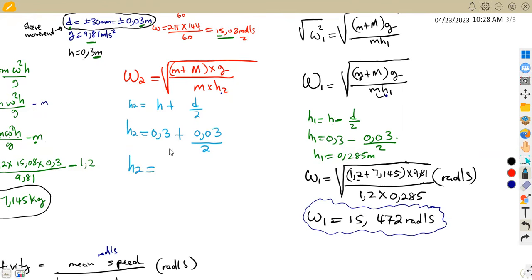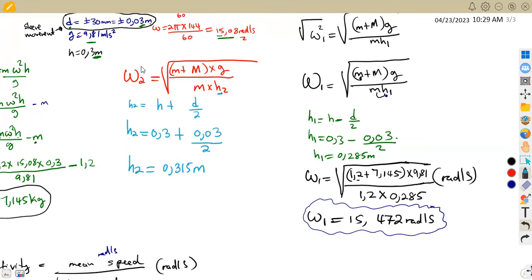So this is what is important in your calculations. Your H2, you are going to obtain 0,315 in meters. As you can see, our H2 is bigger than this value, so it is going to give us the lower value for omega 2 because it is in the denominator.